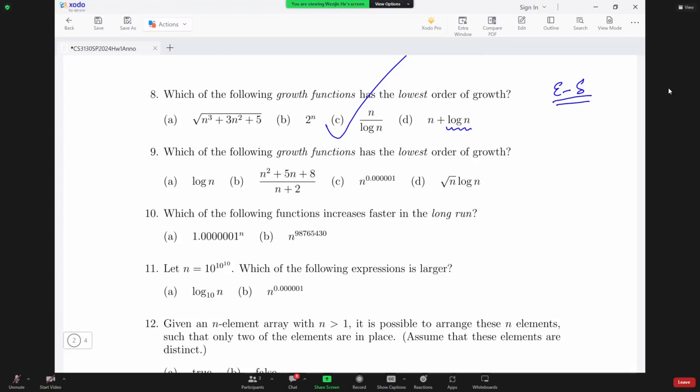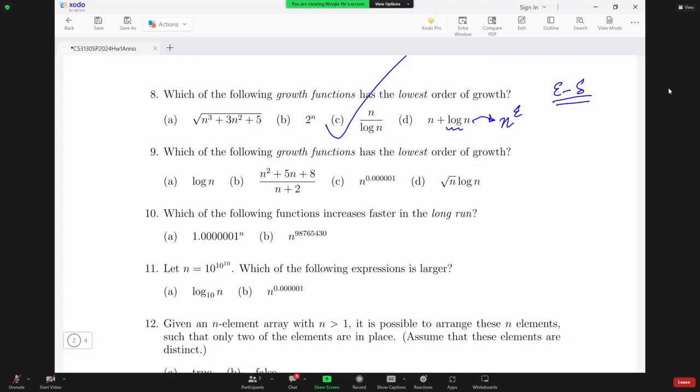How to describe log of n? We can make it approximately like n to the epsilon exponent. That epsilon could be arbitrarily small. It is smaller than any positive number.